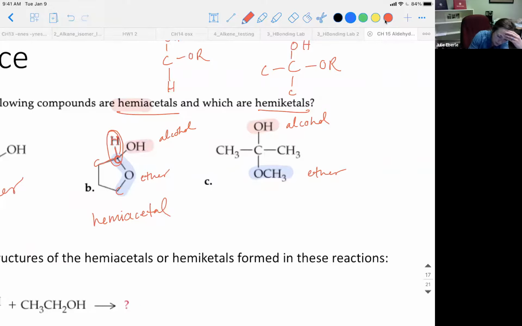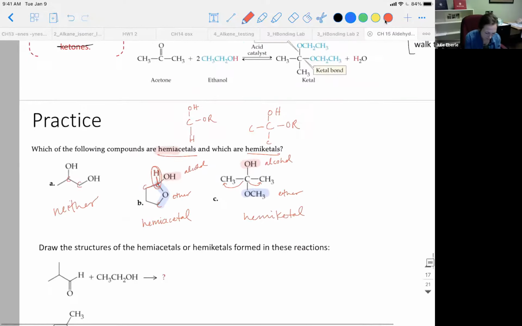So if we're looking close, the carbon is bonded to two other carbons. We don't have a carbon-hydrogen bond. So this makes it a what? Hemiacetal or hemiketal? Hemiketal. Okay, good.